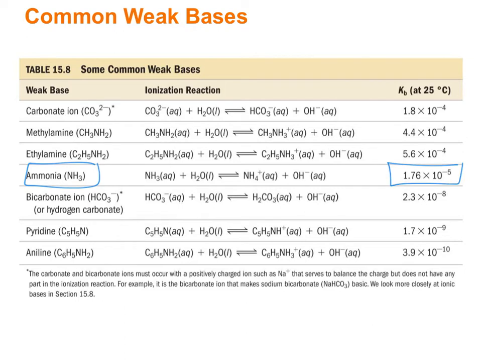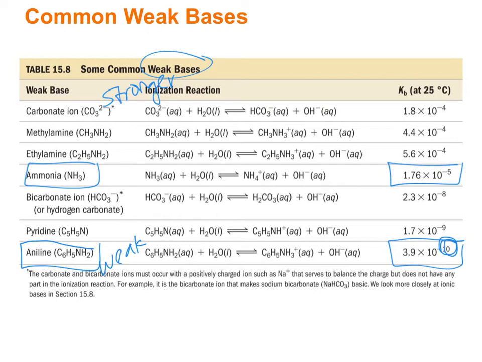A very weak base, which is probably something you've never worked with, is aniline. You can see that its Kb is a lot smaller, right? The smaller it is, the weaker the acid or base. So over here is very weak. Over here is stronger, right? Not a strong base, but stronger in this relative group of weak bases.